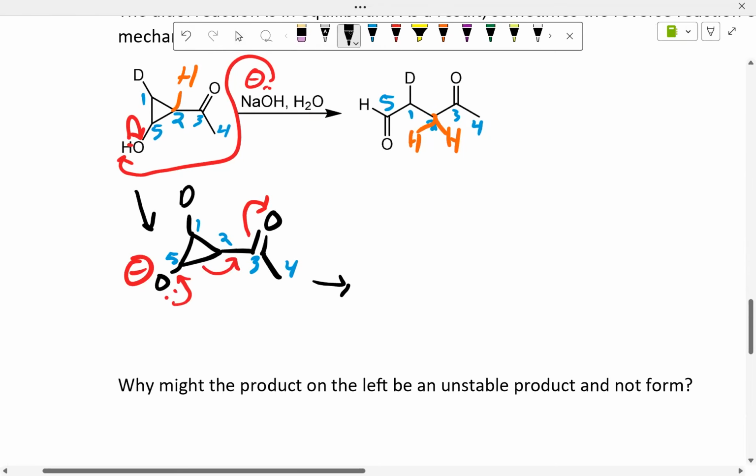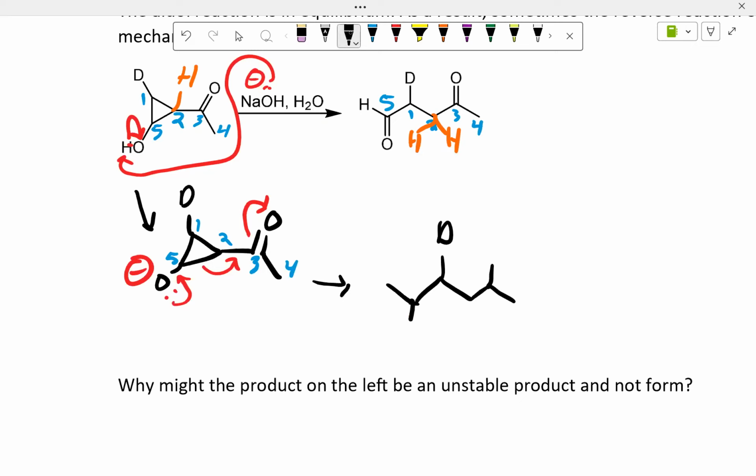Now this creates something that looks like where we want to end up. We just formed the carbonyl, and we broke this carbonyl and formed an enolate, like this.